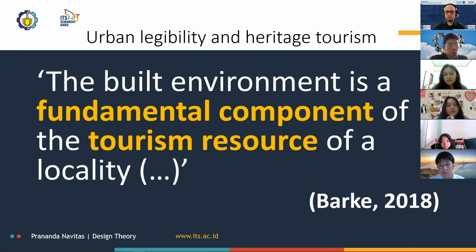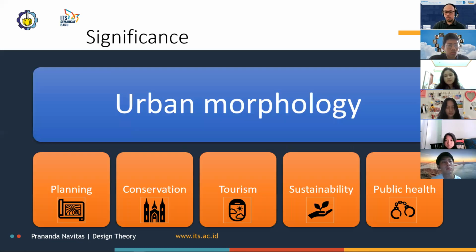However, in the context of urban morphology, we look at the built environment as a tangible tourism resource, and also, as I mentioned before, as a part of the locality's identity.